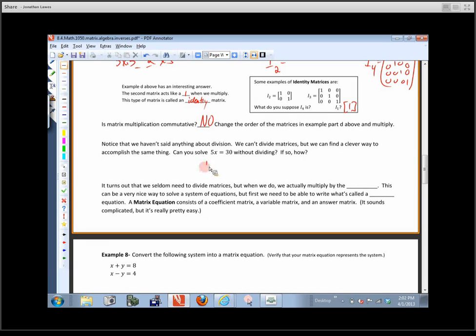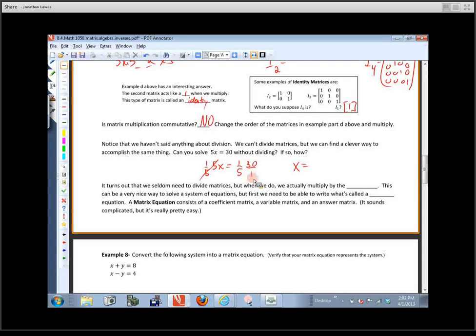What we're going to do here is multiply by the multiplicative inverse. The multiplicative inverse of 5 is 1/5. It's the reciprocal of 5. So what that does is it cancels it off. It's the inverse of multiplying by 5.